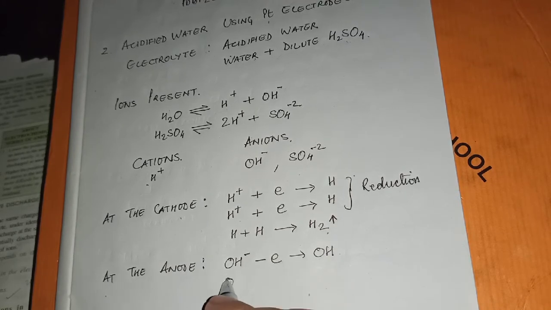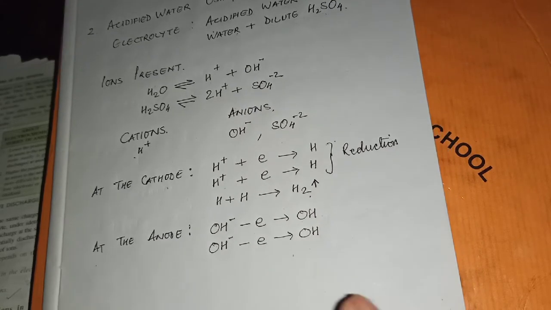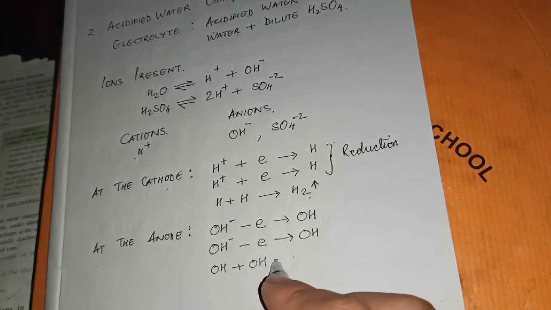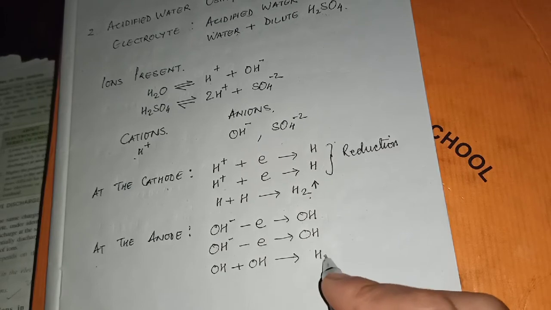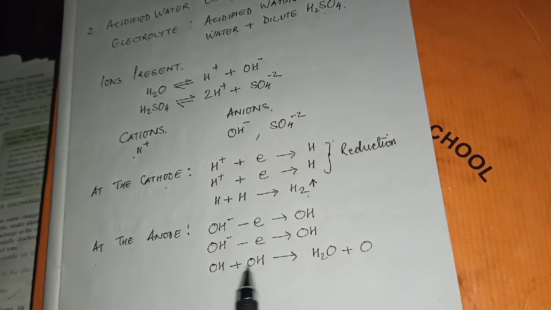Again, another hydroxide ion comes to the anode, it also loses one electron and converts into OH. Now these two will come together and produce water, H2O, and one atom of oxygen, O.